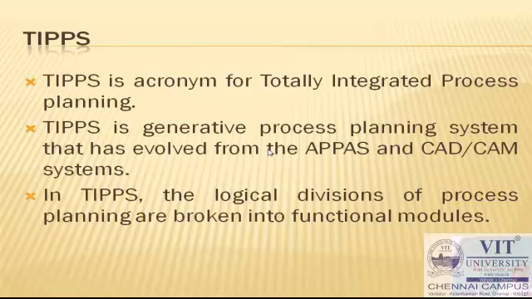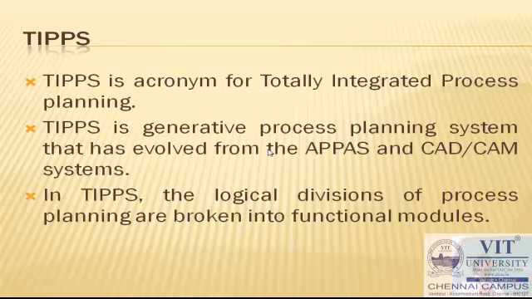The final one is TIPS, that is, totally integrated process planning system or software. Here, all the models, CAPP model software, material requirement planning, manufacturing resource planning, and route sheet preparations, everything will be interrelated. So finally one chart will be prepared according to that model.